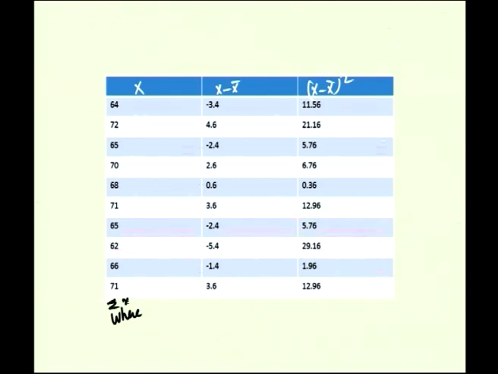Our summation x is 674. So x bar will be equal to summation x by n, which is 674 by 10, equal to 67.4.